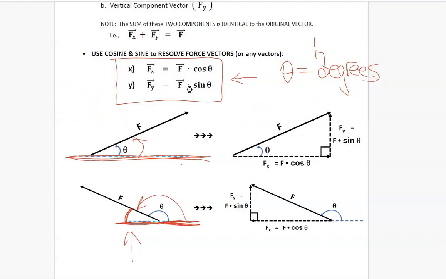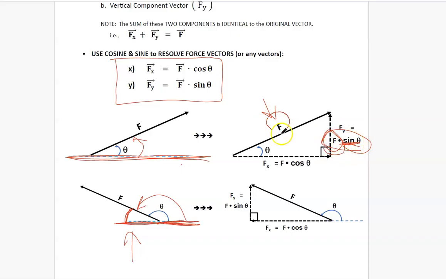Okay, so what you would do is you would have your force vector, and then you would type in your calculator the angle, find the sine of the angle, and multiply it by the length of the original force vector, the magnitude, the size, the number of newtons. That's the magnitude. We're not going to worry about the direction of F because that angle will take care of the direction.